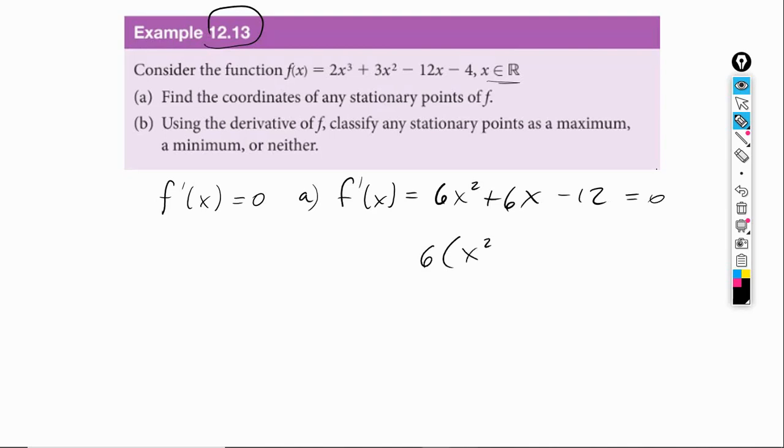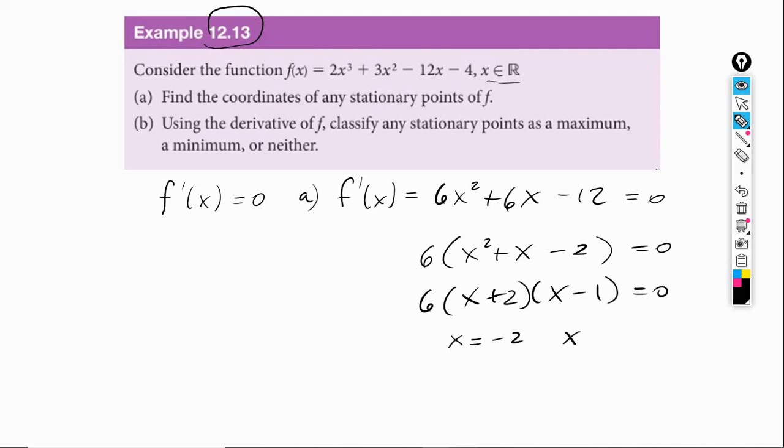We get x squared plus x minus 2 equal to 0. And the factors of this have to be 6, and then we have x plus 2 times x minus 1. That means that the solutions are x equals negative 2 and x equals 1.